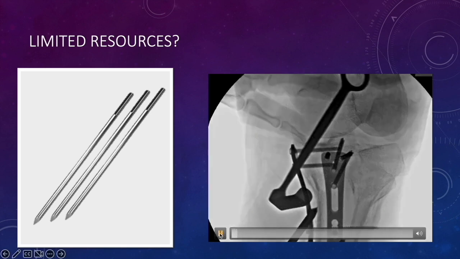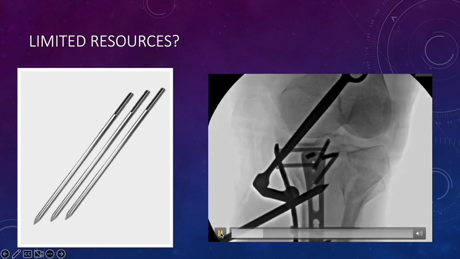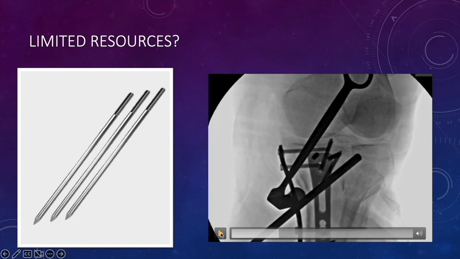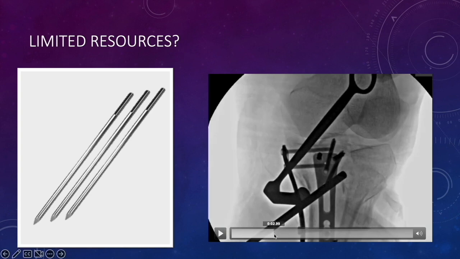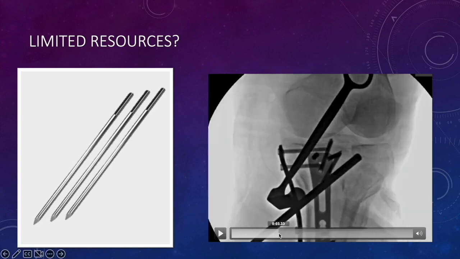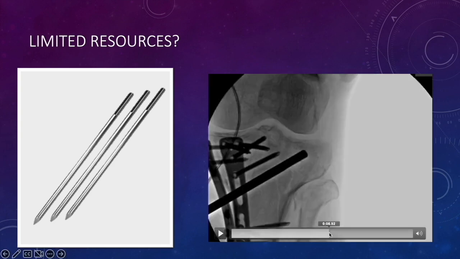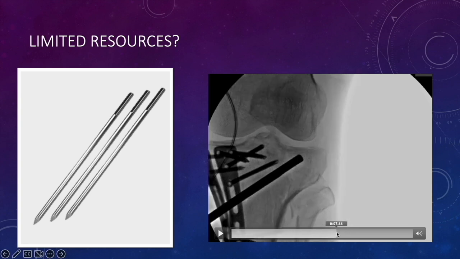So we have made the entry of the Steinmann pin. Now we are using the blunt part. See, we are able to lift the depressed fragment using this blunt end of the Steinmann pin. We are able to fine tune the reduction under fluoroscopic guidance.